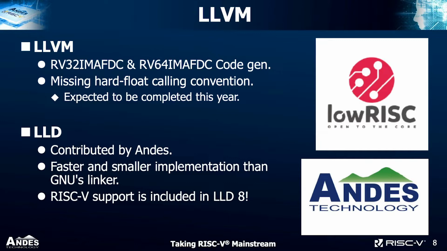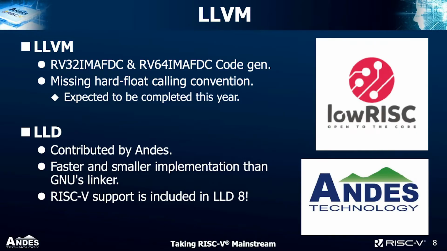The last one is LLVM. LLVM is another compiler, but it's more like an infrastructure. Many other software projects depend on it, such as Rust, Haskell, or TVM. The RISC-V LLVM project is contributed by LowRISC, RISC Technology, and many other contributors. Last year there was only support for RV32 IMAFDC code gen.